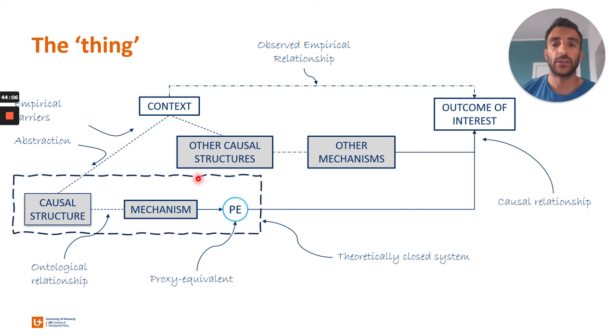So when we talk of CMO configuration, it is those empirical carriers in the context, of the other causal structures that give rise to the mechanism, that are intervening in this relationship between context and outcome of interest. This is the mechanism, and this is the outcome, which arises because these mechanisms and this mechanism are interacting towards a certain outcome of interest.